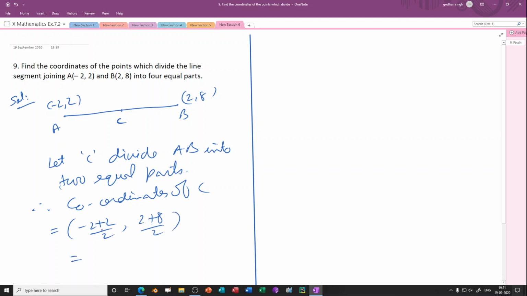That gives us minus 2 plus 2 is 0, 0 by 2, and 10 by 2, which is nothing but 0, 5. So C will be 0, 5.